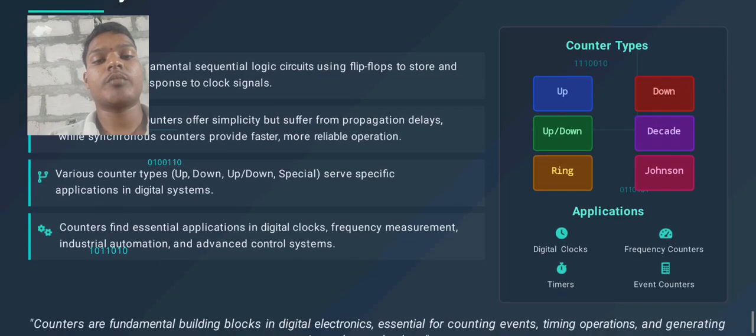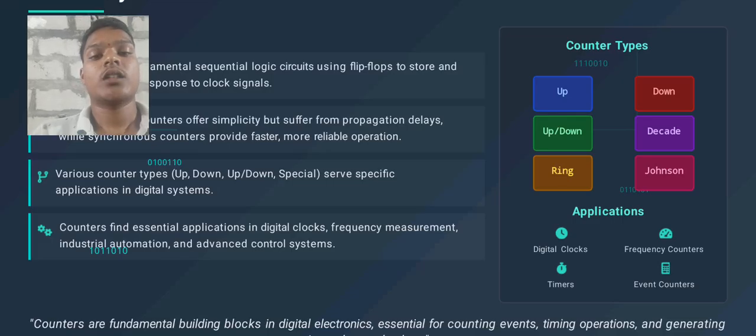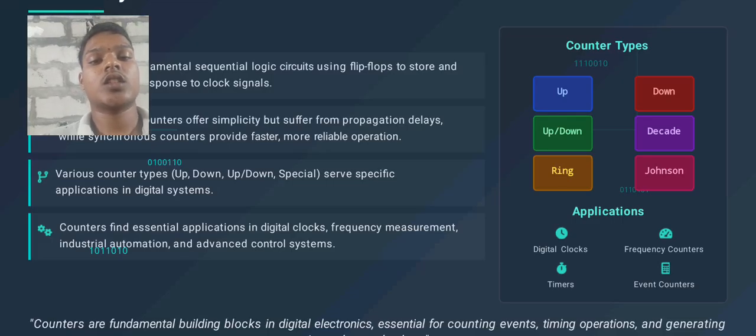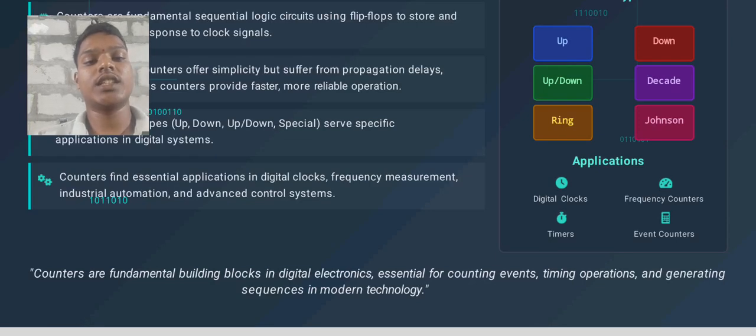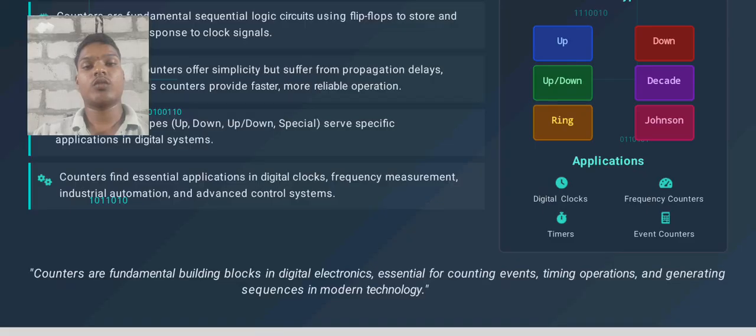Various counter types: up, down, up and down. Special counters for specific applications in digital systems. Counters find essential applications in digital clocks, frequency measurement, industrial automation and advanced control systems. Counters are fundamental building blocks in digital electronics, essential for counting events, timing operations and generating sequences in modern technology.